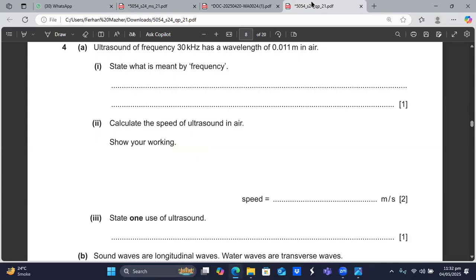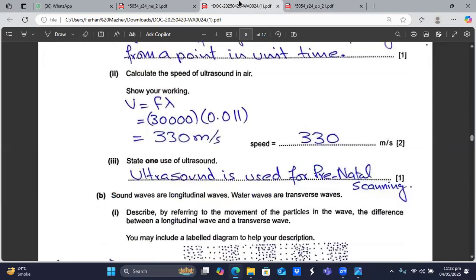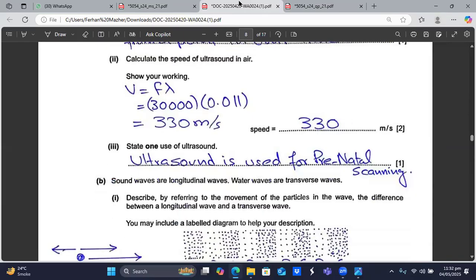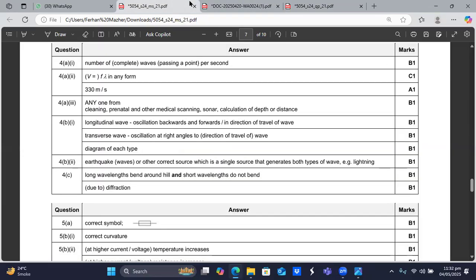You know the wave equation, v equals f lambda, so we can find v, which is speed. So 30,000 multiplied by 0.011 is 330 meters per second. So the speed of the ultrasound in the air is 330 meters per second. So our answer is right.